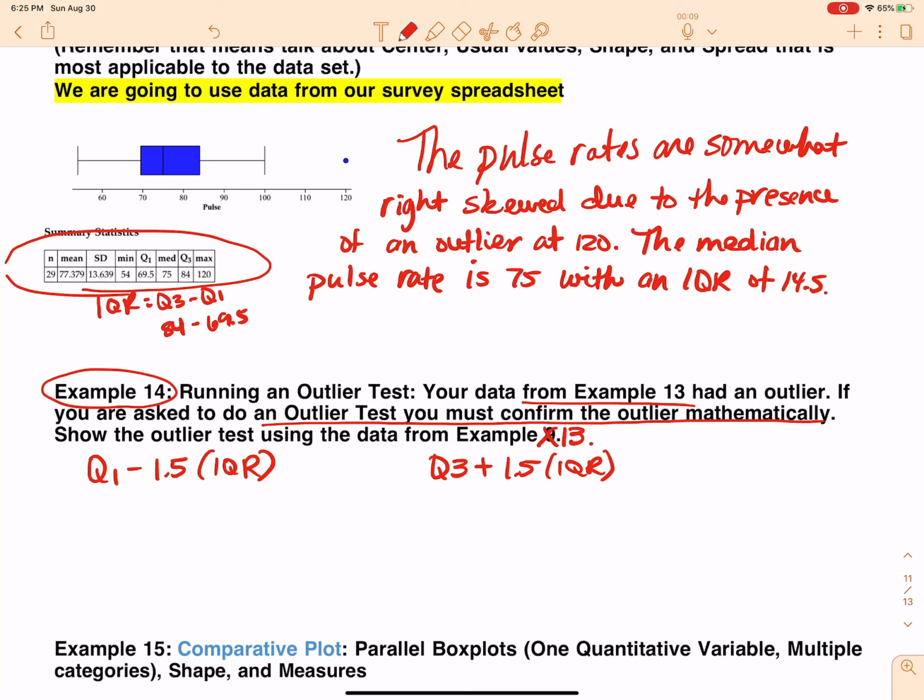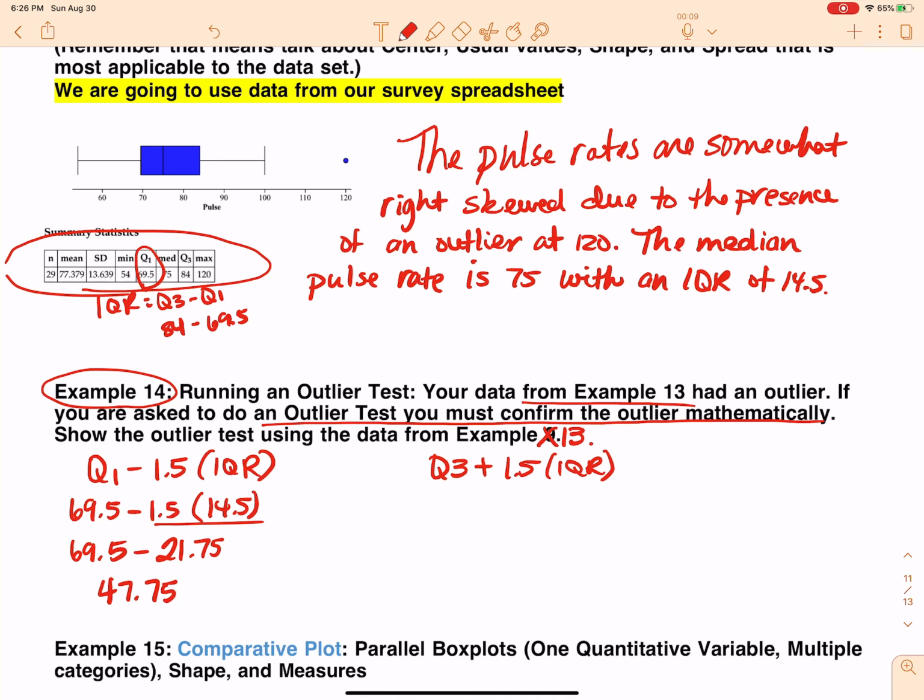All right, the Q1 I know already is 69.5, minus 1.5 times the IQR, which I just found to be 14.5. So that's going to be 69.5 minus 1.5 times 14.5. Don't forget to follow PEMDAS. You don't do the subtraction first, you do the multiplication first. So this number is 21.75, and when I subtract that, I get 47.75.